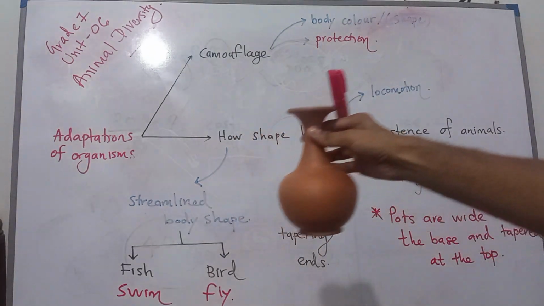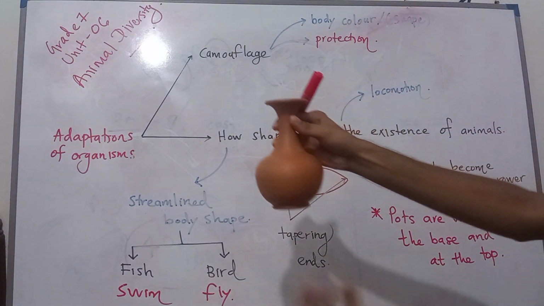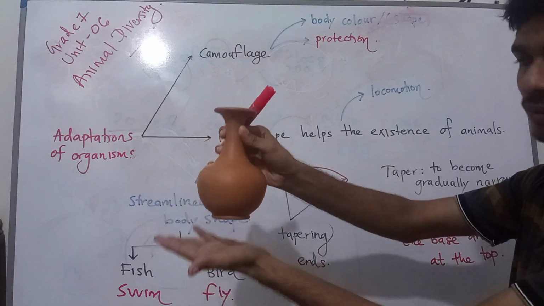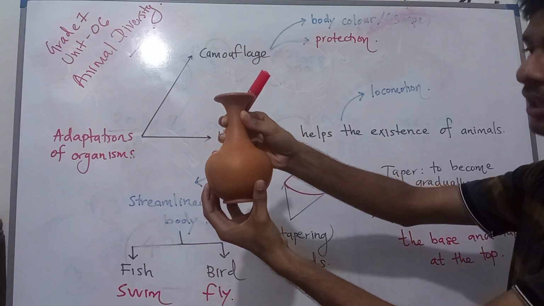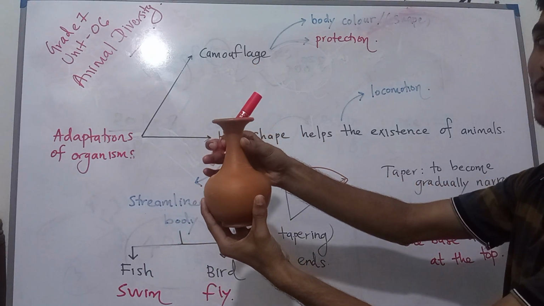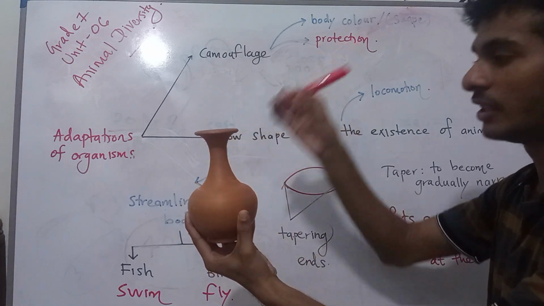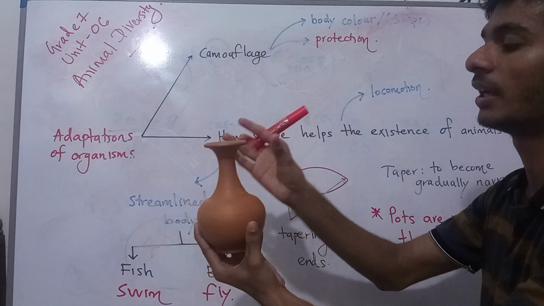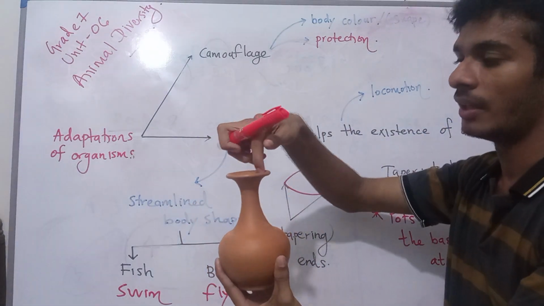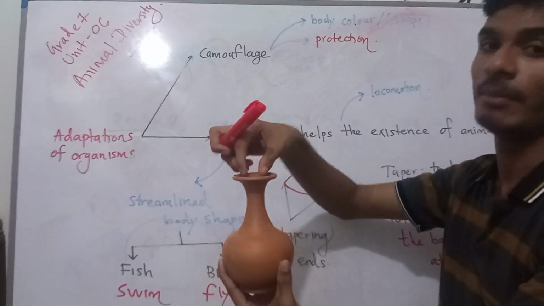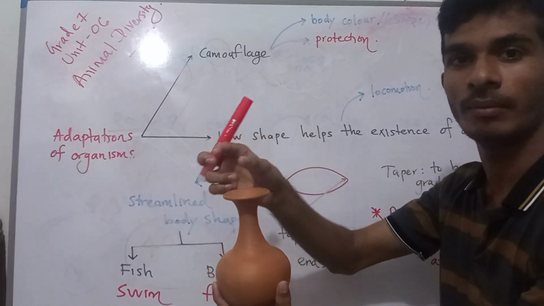This pot is wide at the base, and tapered at the top. This top part has become tapered. That means the radius, the diameter of the pot has become narrower.